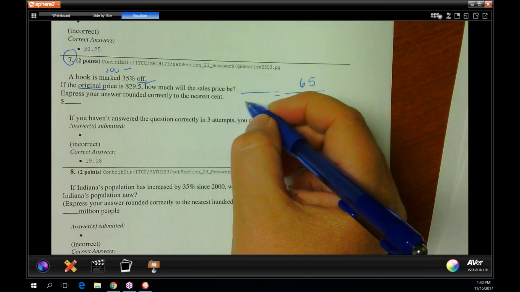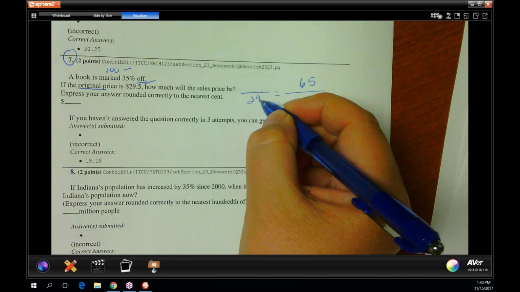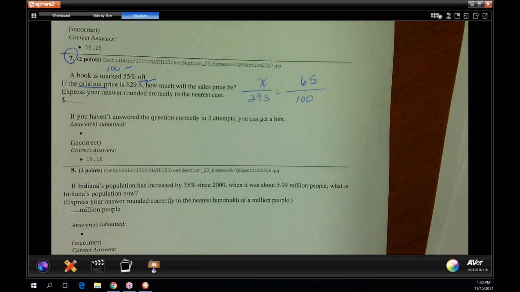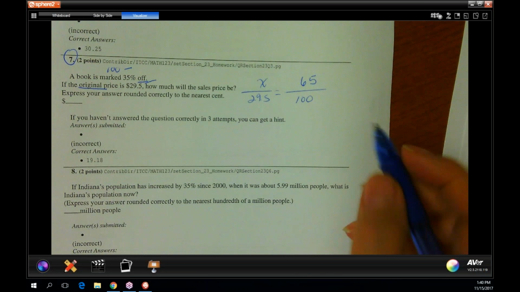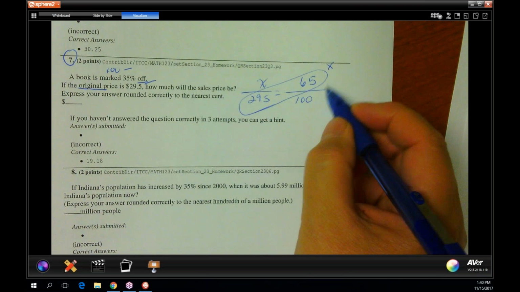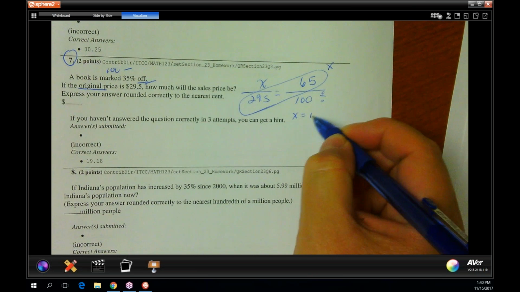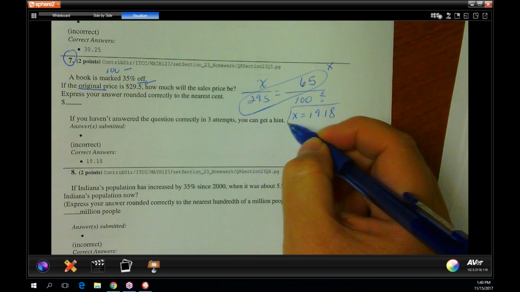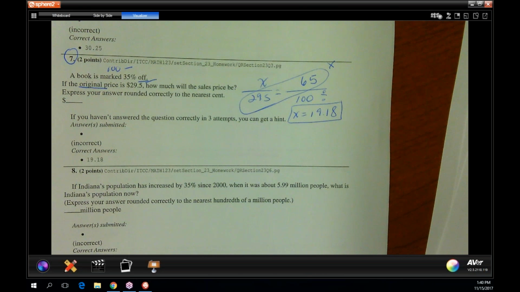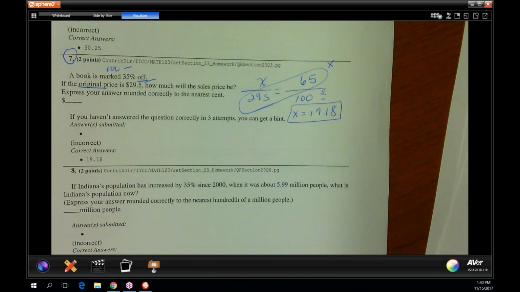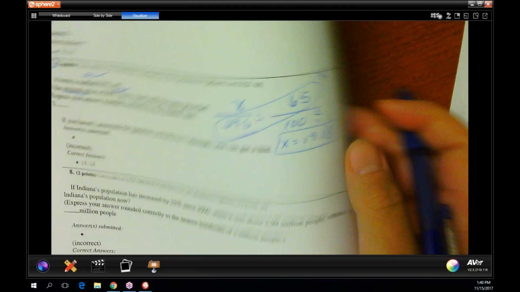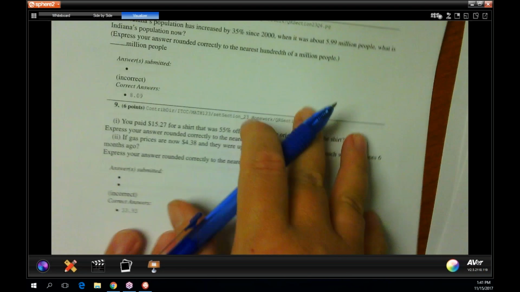This is the original. You're looking for the new price. Multiply, then divide. 19.18. Okay, questions?